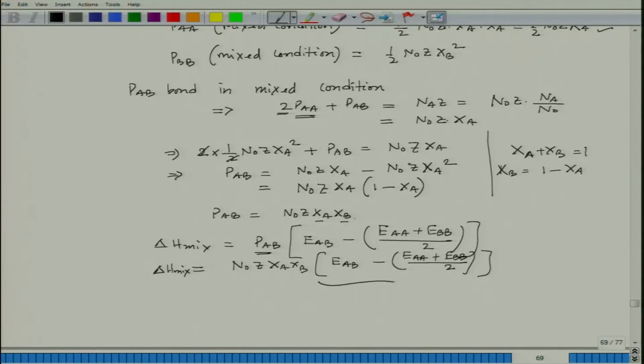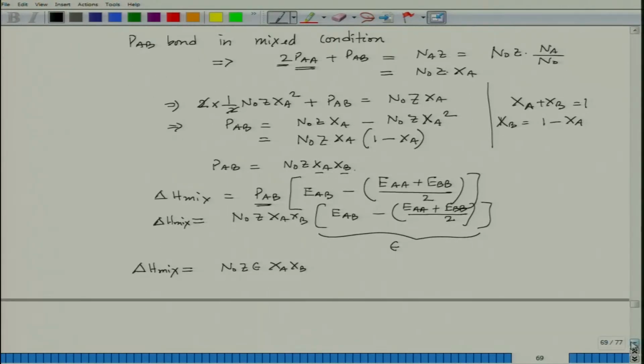Since this one we have considered as energy E, so then I can write del H mix equal to E X_A X_B. This particular term is written as omega.